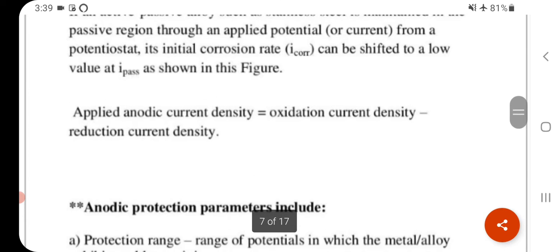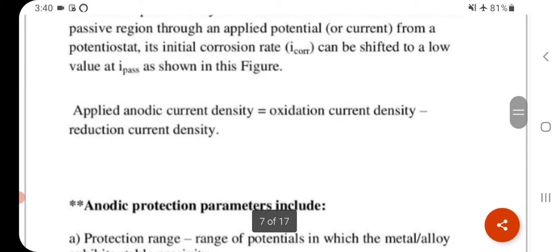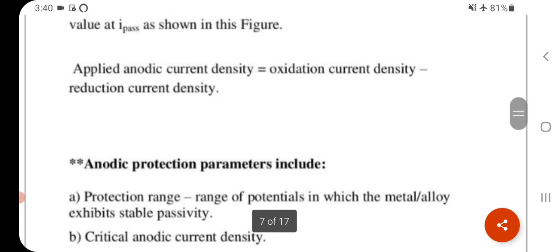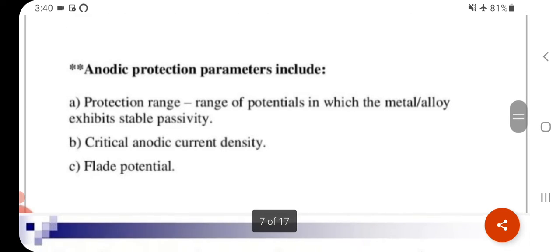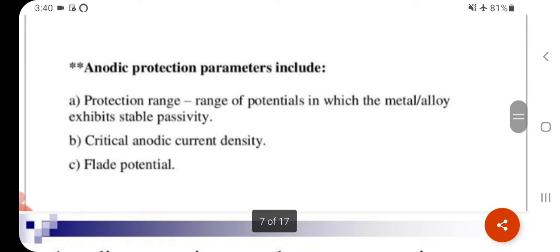Applied anodic current density is equal to oxidation current density minus reduction current density. Anodic protection parameters include the protection range of potential in which the metal alloy exhibits stable passivity, critical anodic current density, and flade potential.